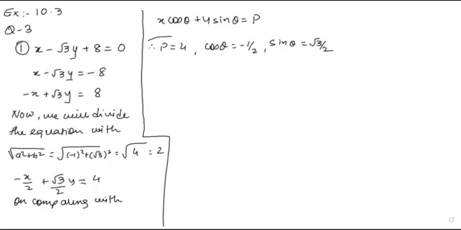So I got the perpendicular distance from the origin, but they are asking us to find the angle also. So here cos theta is minus half and sin theta is root 3 by 2.